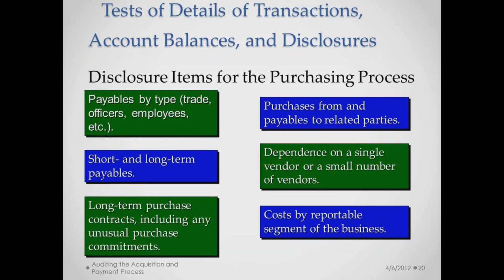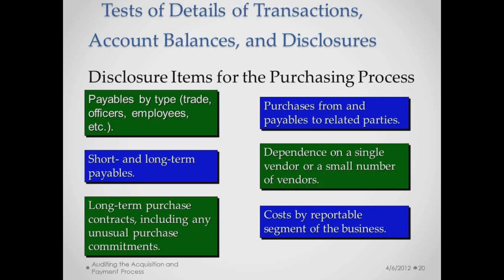I talked about disclosures. So for example, payables: you want to make sure that accounts payable reflects trade accounts payable, so accounts payable due to vendors, and that it doesn't include amounts due to employees. Anything due to employees you'll see as a separate payable. You might see that in accrued expenses, for example, or if it's large enough, it would be classified on the balance sheet as such.